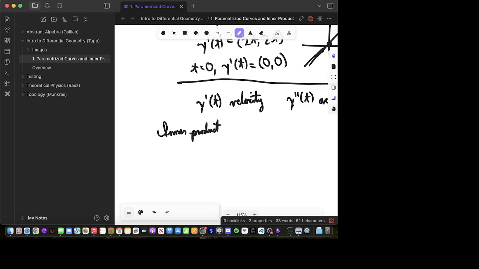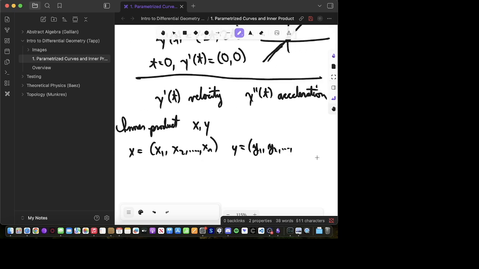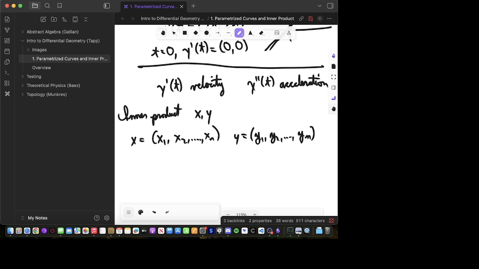So the inner product takes two vectors, we'll call them x and y, where x is represented by that, and y is represented by that.